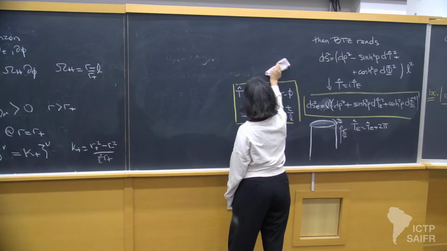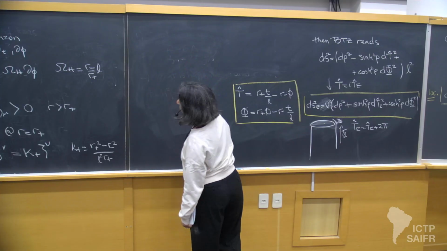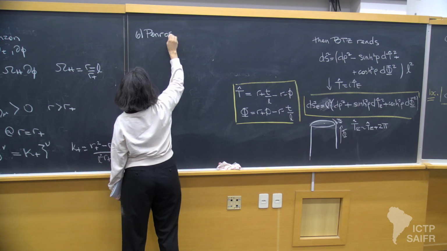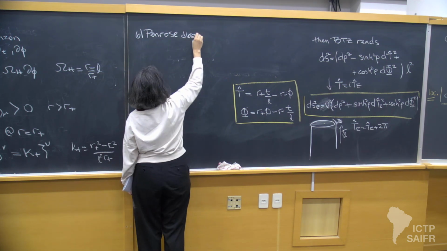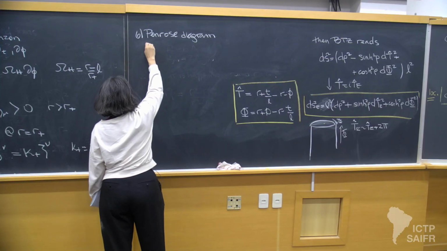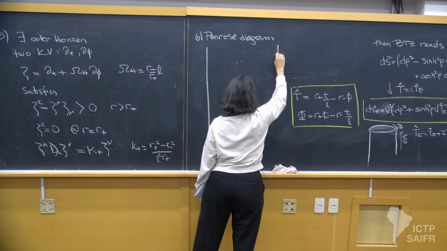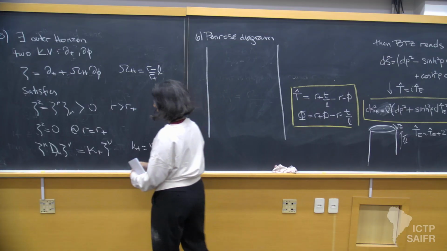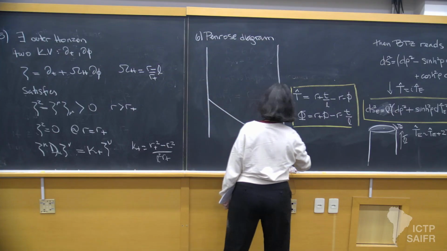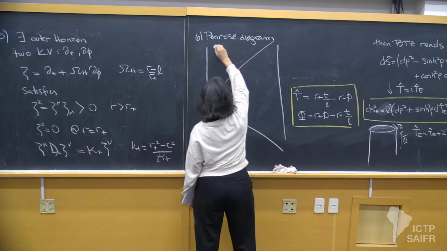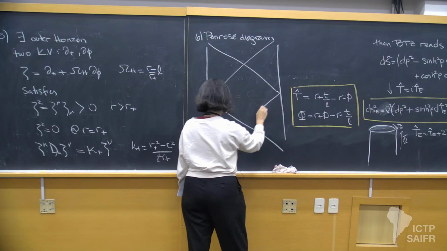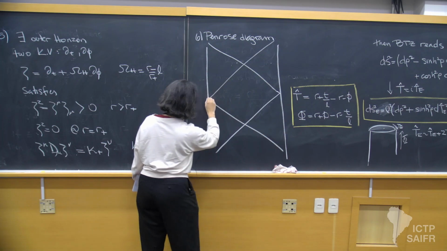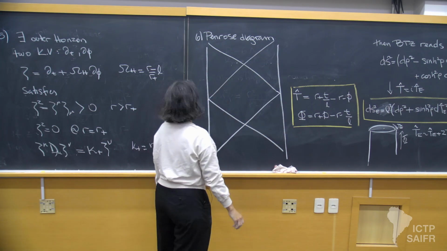So what's going on from the point of view of the Penrose diagram is that the solution, let me just draw it like this.